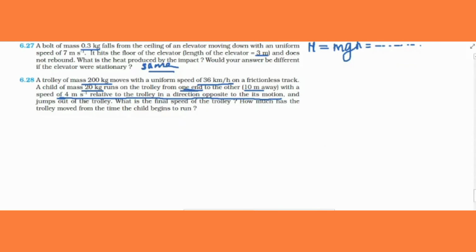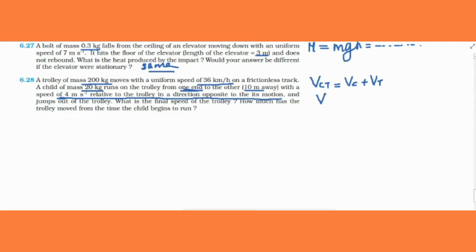Okay, so first we will start from the relative velocity. The relative velocity of the child with respect to the trolley is equal to Vc plus Vt. You know why I have taken Vc plus Vt? Because the velocity of the child and the velocity of the trolley are in opposite directions.